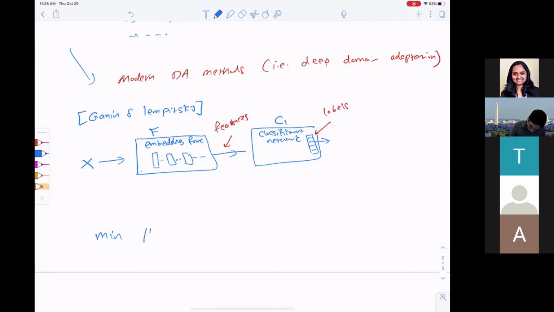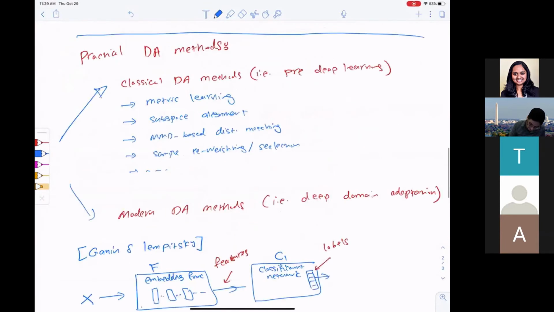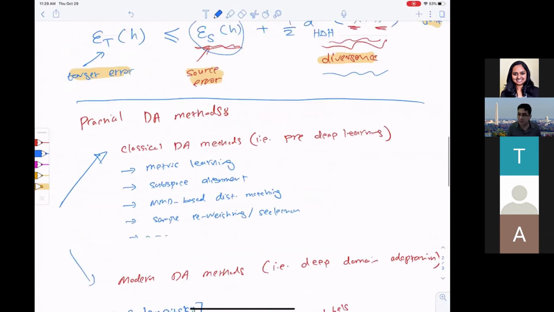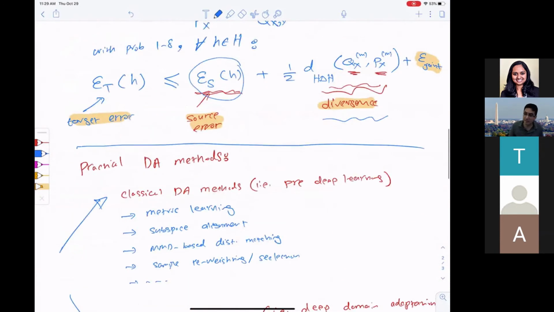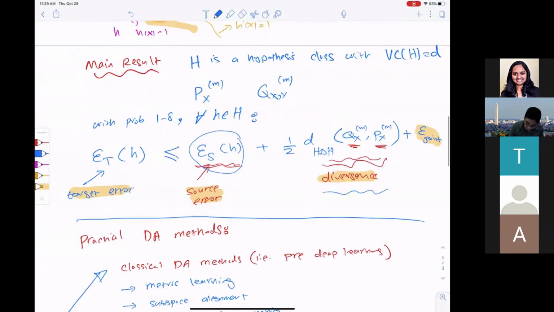I look at my labeled source samples, X and Y, from distribution Q, and that would be a classification loss, C1 composed with F, against my label. That's basically the first term in the upper bound that we had before. So that's what I'm going to minimize.